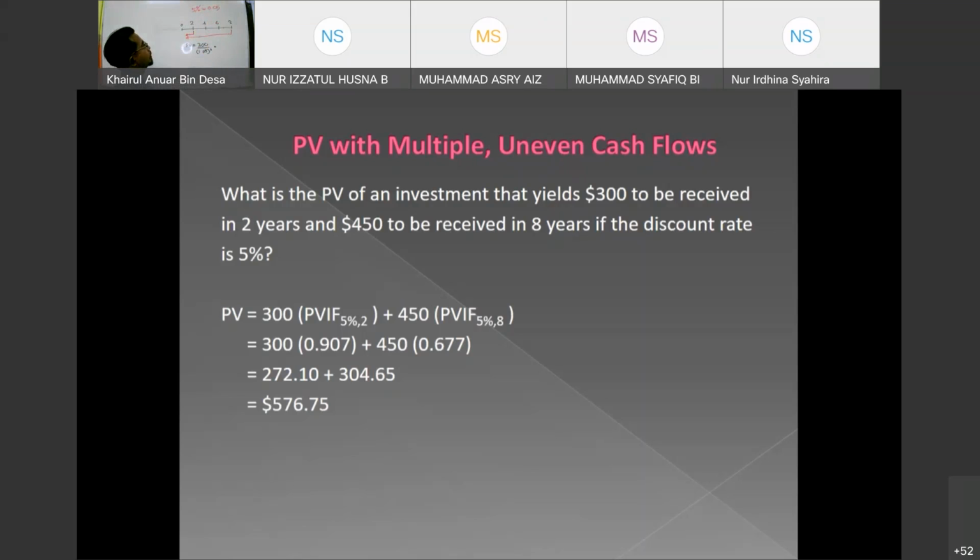Nampak tak? Macam mana dapat ini? Ini adalah 1 tambah 0.05. Jadi kita dapat 1.05 lah. Dapat?